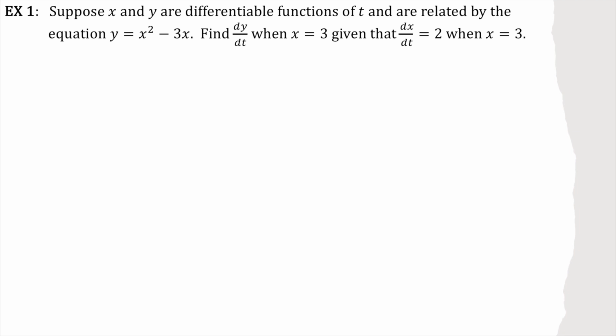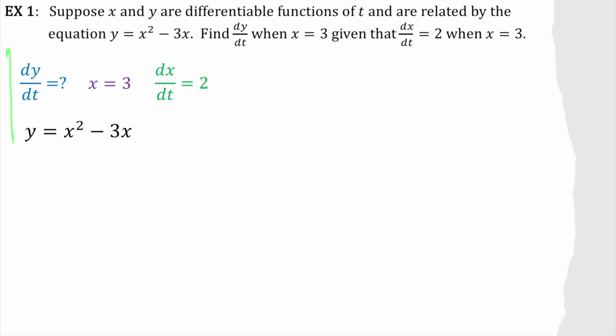Suppose x and y are differentiable functions of t and are related by the equation y equals x squared minus 3x. Find dy/dt, that's what we're looking for, when x equals 3, given that dx/dt equals 2.